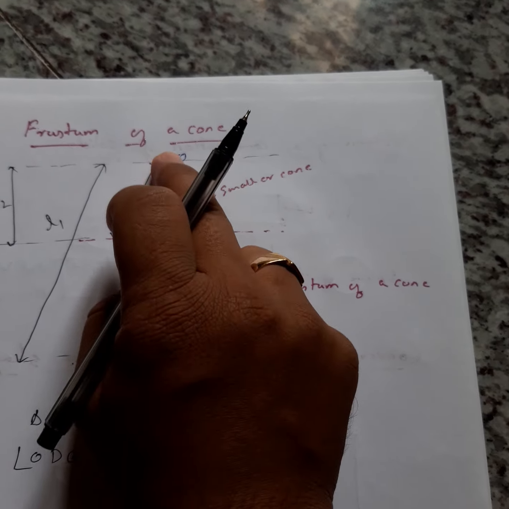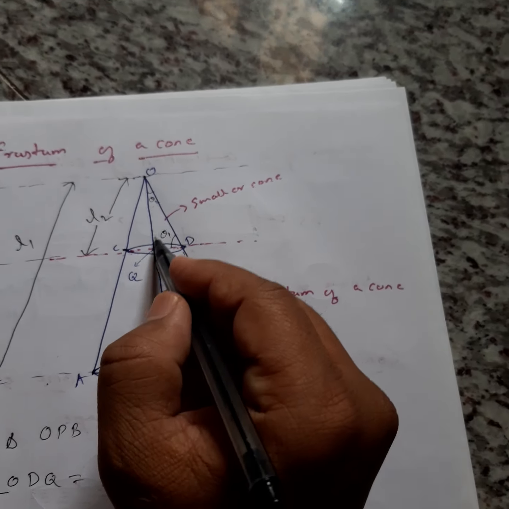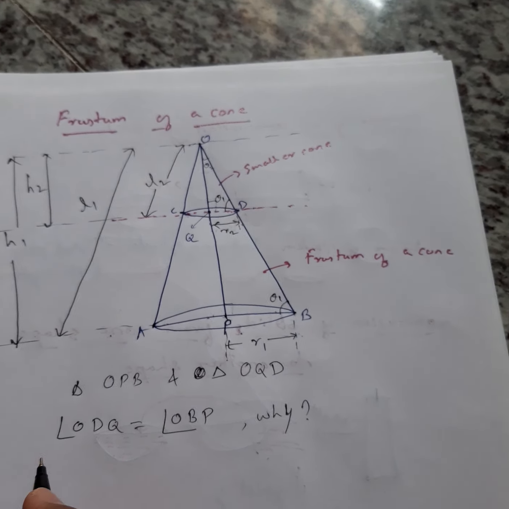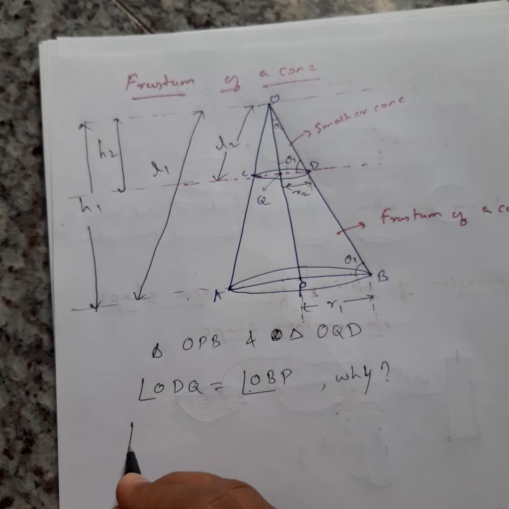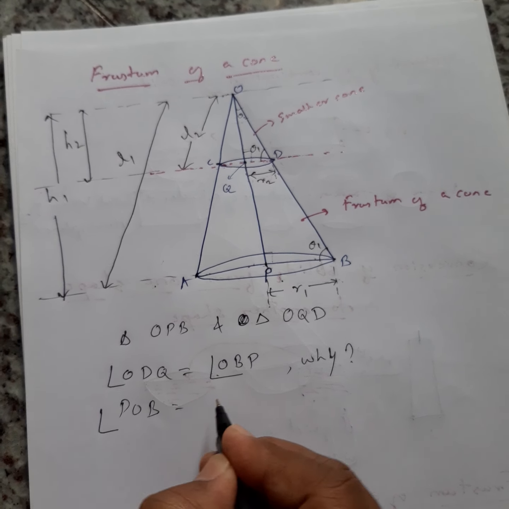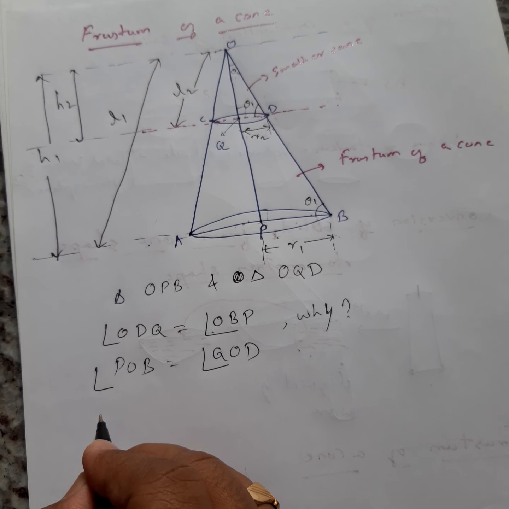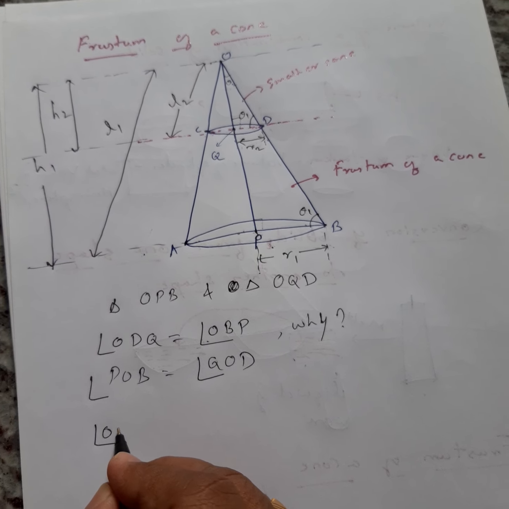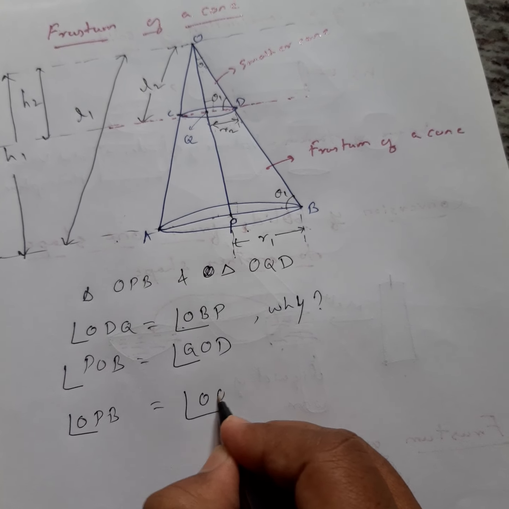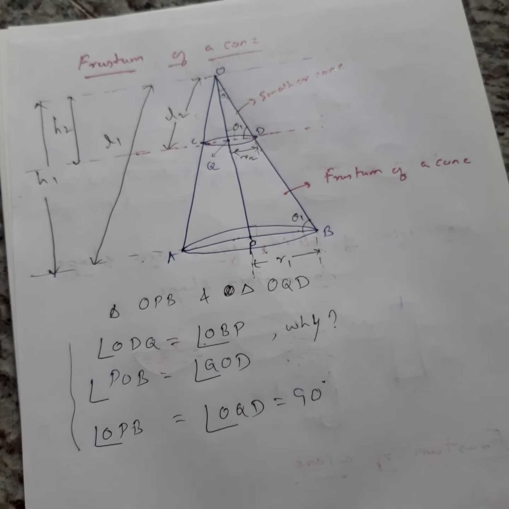This is also 90 and this is also 90. Angle POB is equal to QOD, and angle OPB is equal to angle OQD, which is 90 degrees. All the angles are the same.